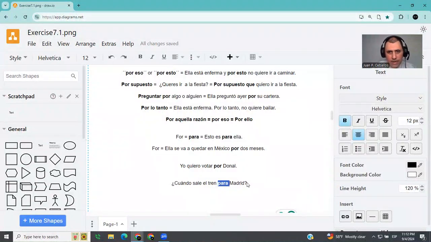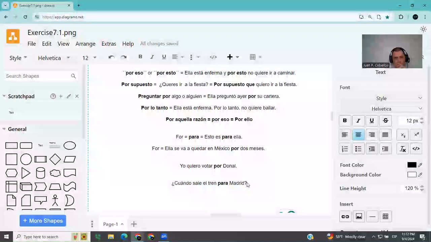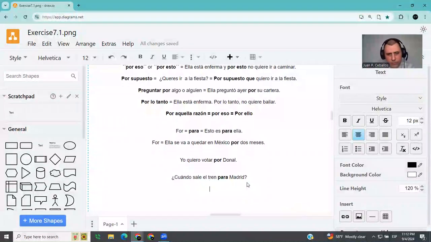Now, if I translate this into English, it would be when the train leaves to Madrid. Okay, or something like that. So in English, you have to pay attention to the word to, because to in English has different meanings, and for that, different translations.